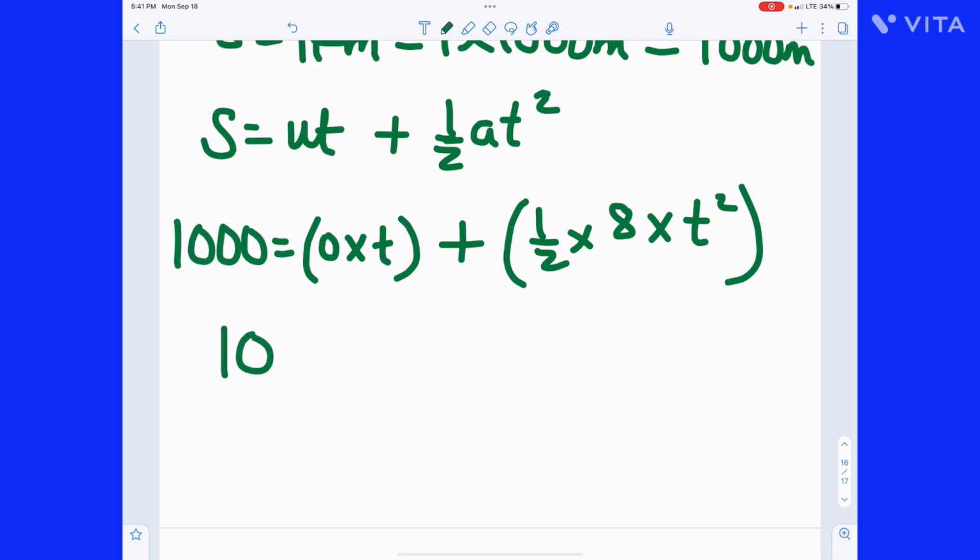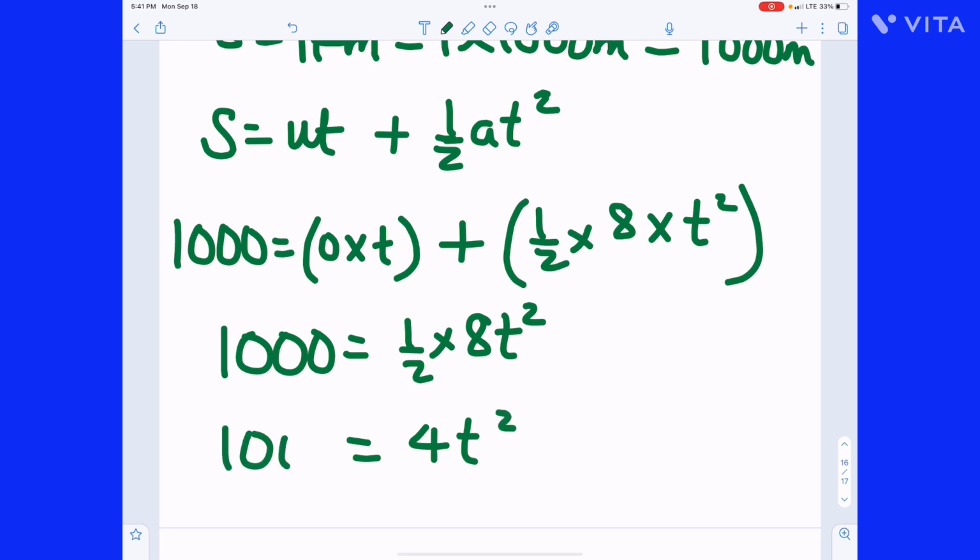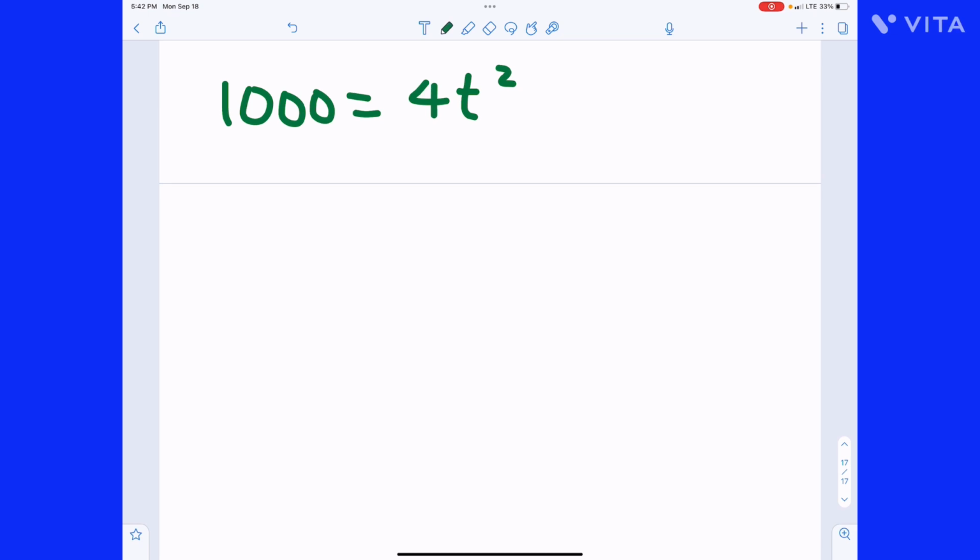That gives us 1000 is half times 8t squared. That's 4t squared is 1000.